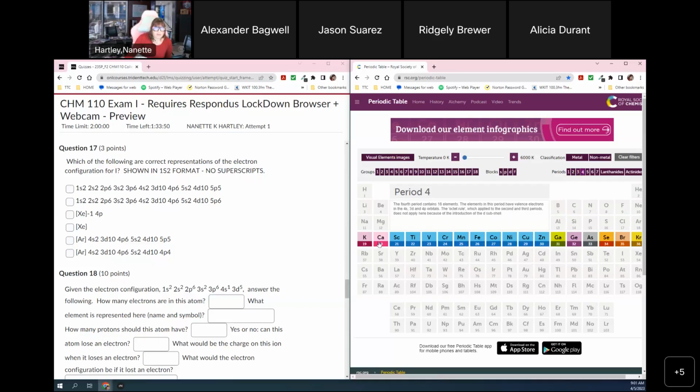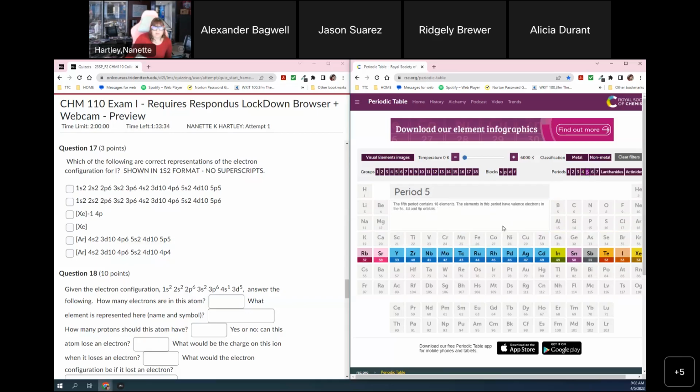We're now talking 4s2, 3d10. Remember, d is n minus 1. So 4s2, 3d10, 4p6. And then we're going to row 5. Again, we're looking at 5s2, 4d10, and then 5p5.